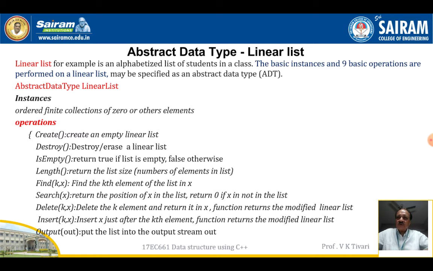We use the length function, and we use the find function for the k and x pair, where k is the element of the list in x. We use the search function: search x returns the position of x in the list and returns 0 if x is not in the list. Delete k x deletes the k element and returns it in x. The function returns the modified linear list.